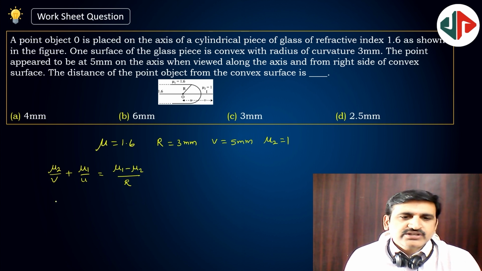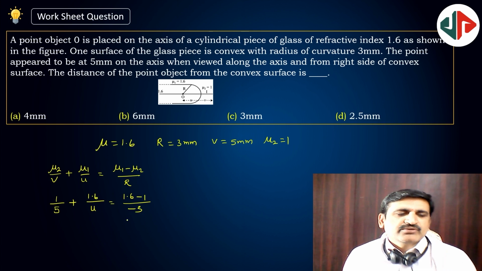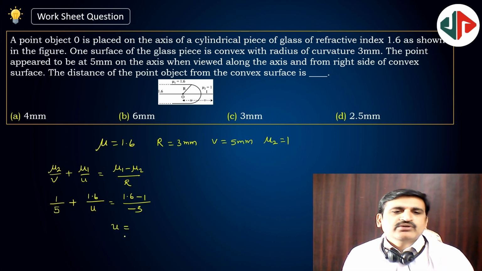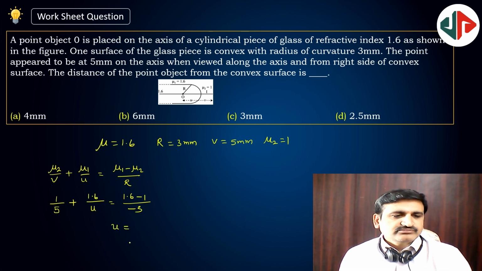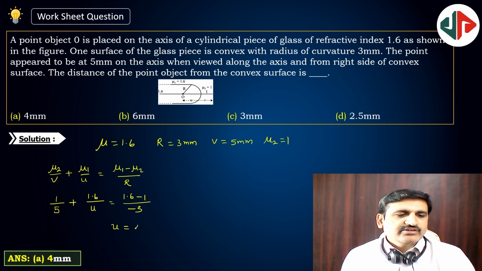And on substitution, mu2 is 1 by v value 5, plus mu1 1.6 by u, where the object is placed, that only we have to find, equal to mu1 minus mu2, 1.6 minus 1, by minus 3 mm, all are in mm. So then solving for u, we are going to have u equal to 4 mm.